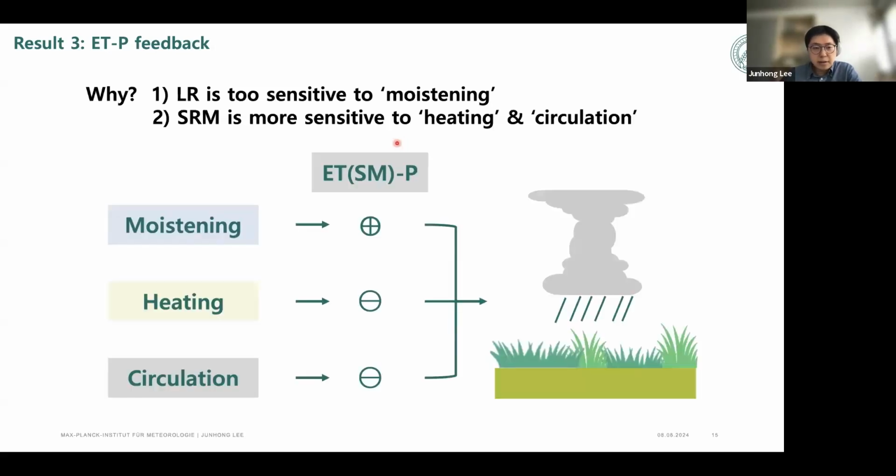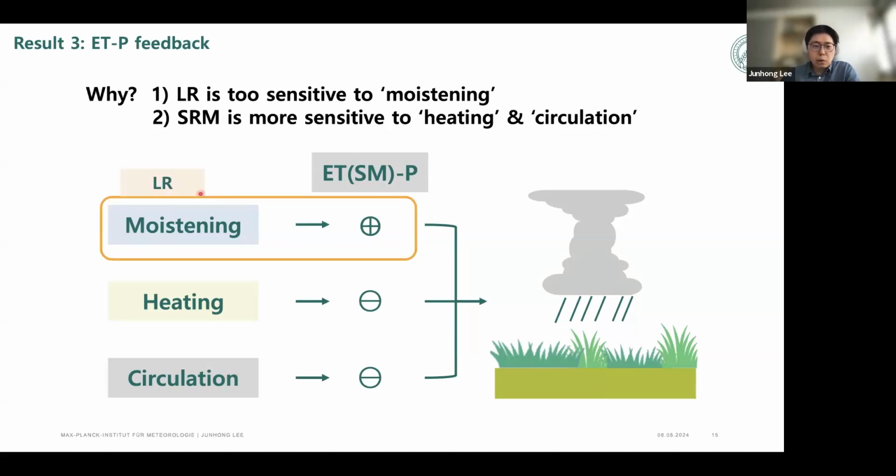What that means is, as I showed you at the beginning, surface moistening usually leads to ETP or SMP positive feedback. But surface heating and circulation usually lead to negative feedback.